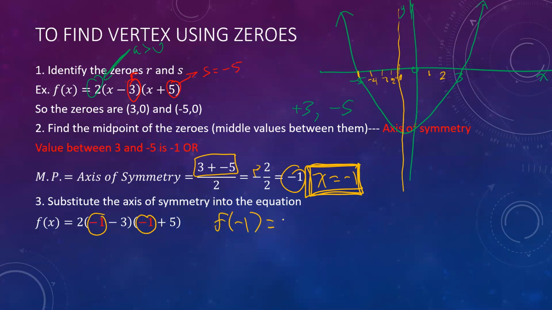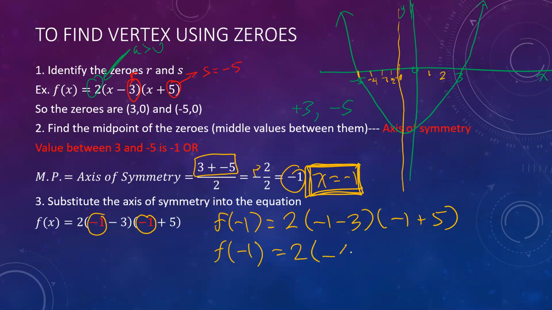So I might as well write it in function notation actually. I'm going to write 2 times (-1 minus 3) times (-1 plus 5). And what I'm going to do now is simply figure out what that gives me. We end up getting -1 minus 3, which is -4, and -1 plus 5, which is 4. And then we end up getting 2 times -4 times 4, which ends up giving us -32.